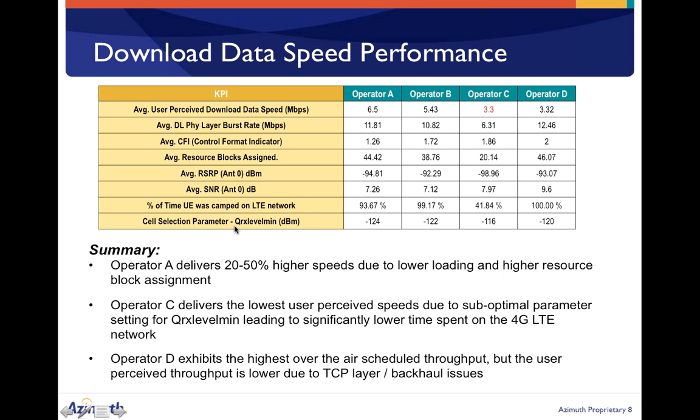And in this example, this one particular parameter was a key differentiator which caused the UE to spend more time on the 3G network for operator C, and that led to a big degradation in throughput or data speed for operator C.